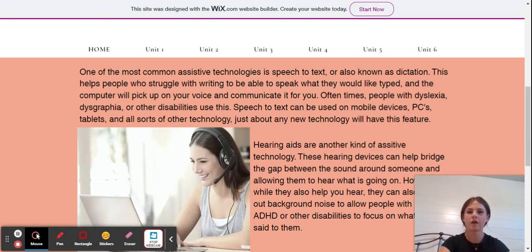This just helps the person to communicate to the computer, the PC, the mobile device, any sort of technology, honestly. And thus allows the computer to pick up what your voice is saying and then translate it into words for you.